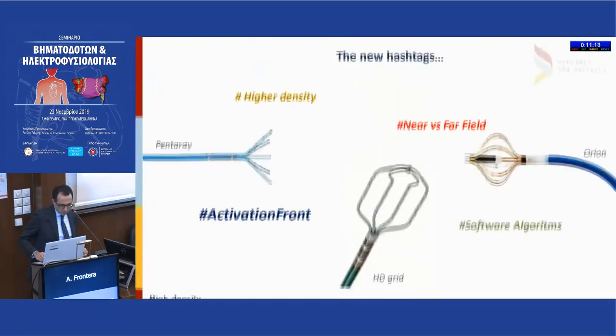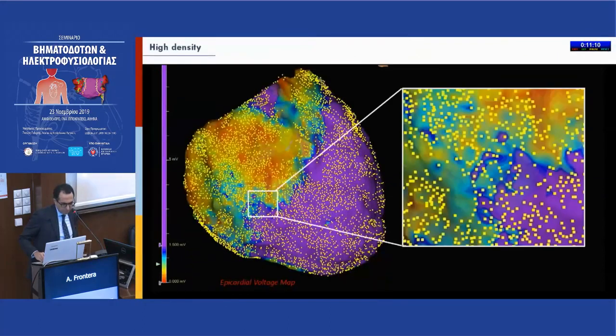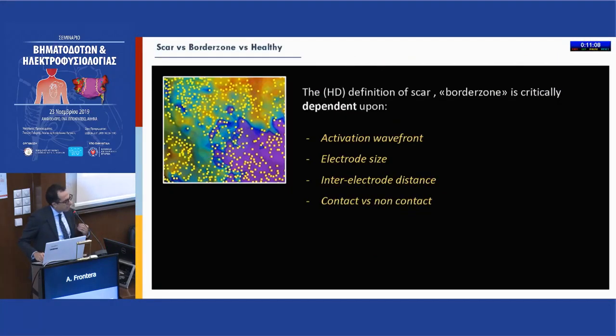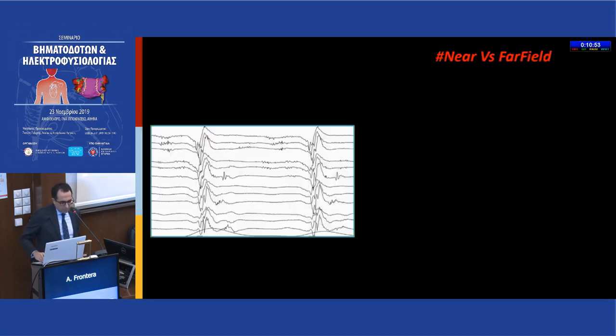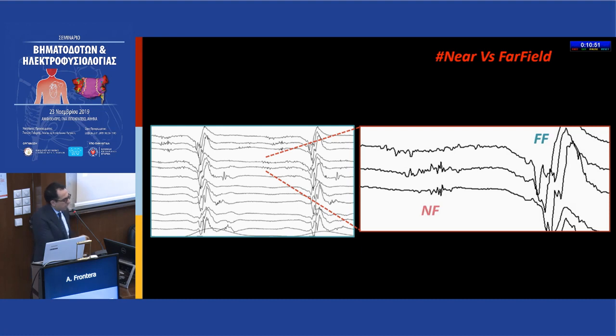And also, you can tell the high definition of a scar is critically dependent upon the activation wavefront, the electrical size, and also the interelectrode distance, which are the properties of the catheters we are using. So these are the signals we are characterizing.